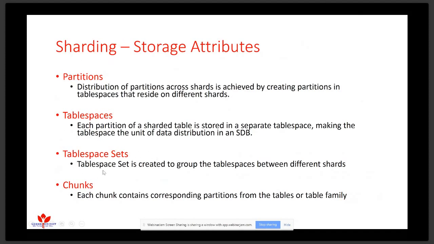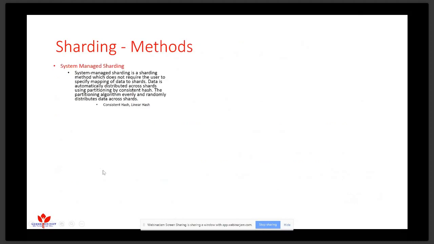So let's see the sharding methods. We have three types of sharding methods. One is system managed sharding. It basically uses a consistent hash or a linear hash. When you say create sharded table, with your constraints and columns, you specify partition by consistent hash, as we do in our partition mechanism.